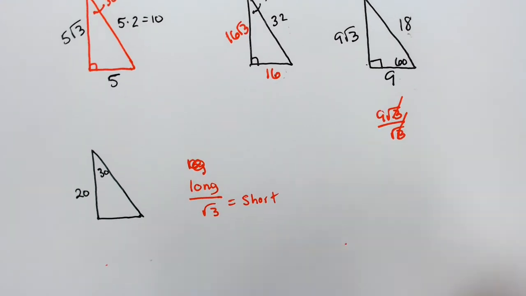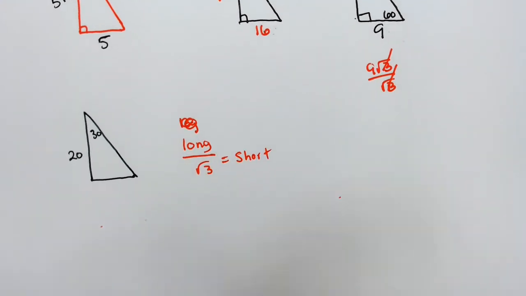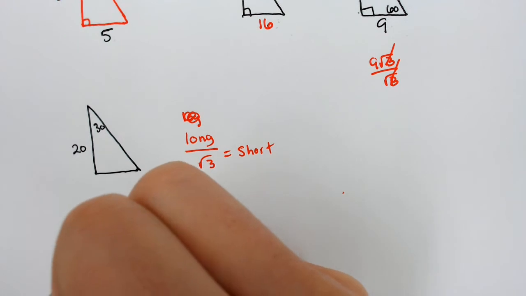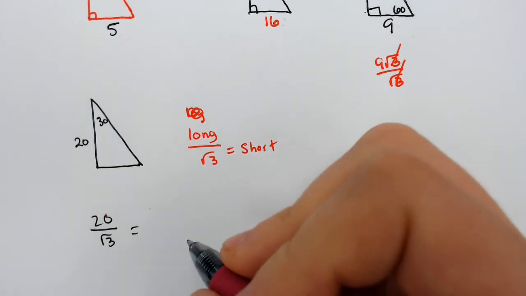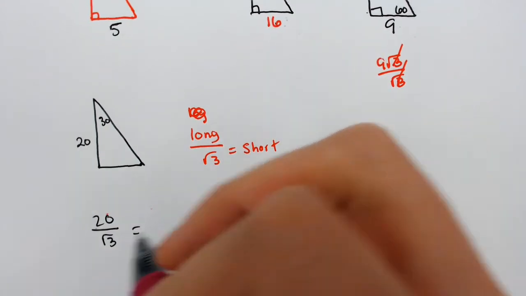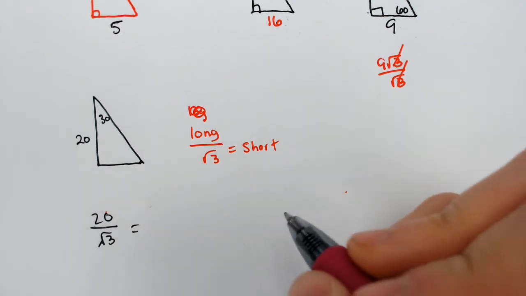Okay, what happens if I take 20 and I divide by the square root of 3? Well, that's going to equal an ugly number because we can't keep the square root on the bottom. It's not considered okay.